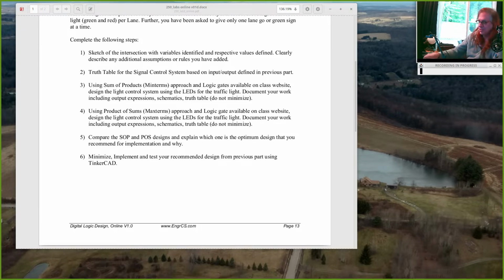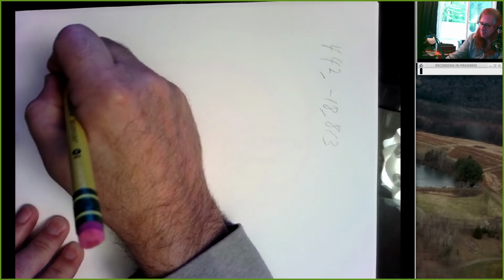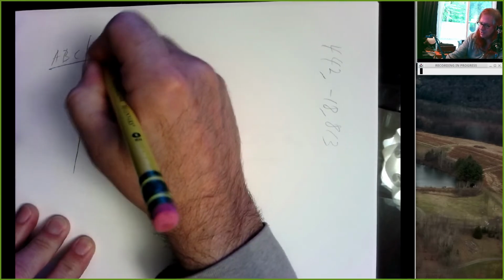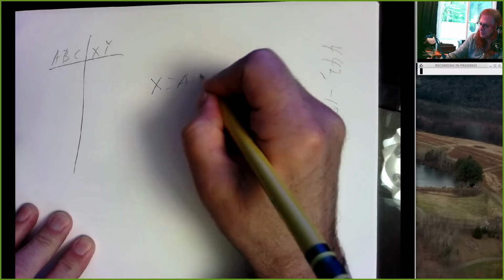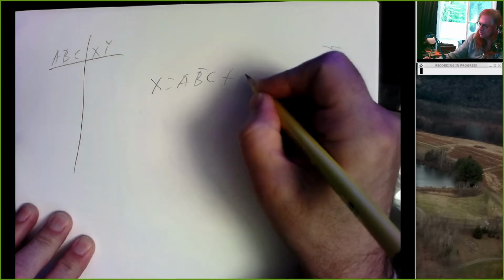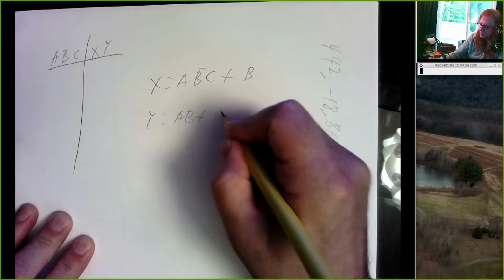How would you make a circuit that uses multiple equations? So, let's do an example. Let's suppose that we've got A, B, C, and we've got 2 outputs, X and Y. And suppose we come up with X equals A B-bar C, or B, and Y equals AB, or AC.